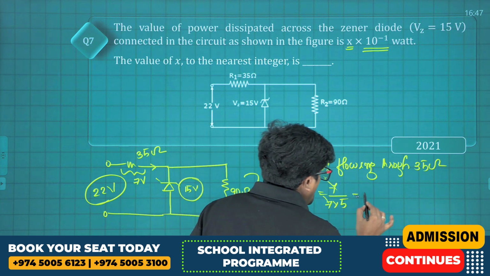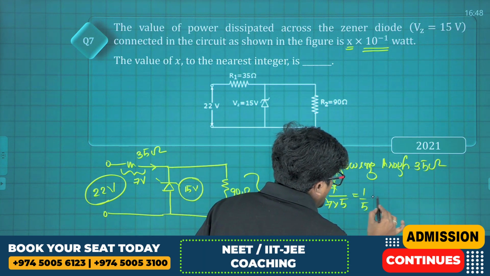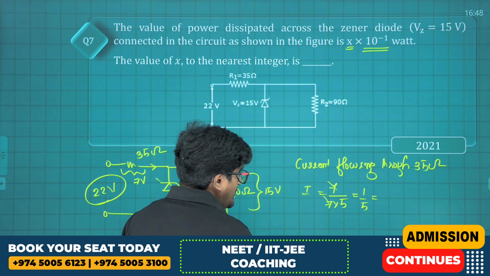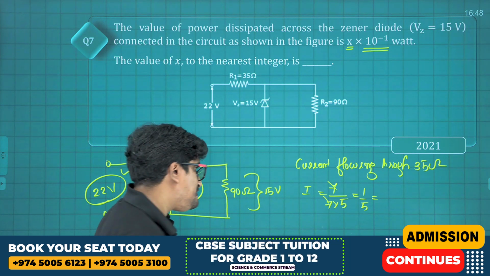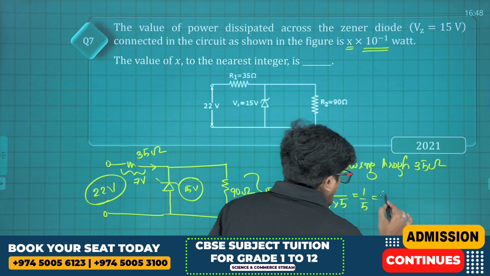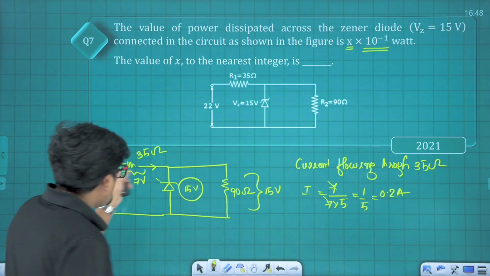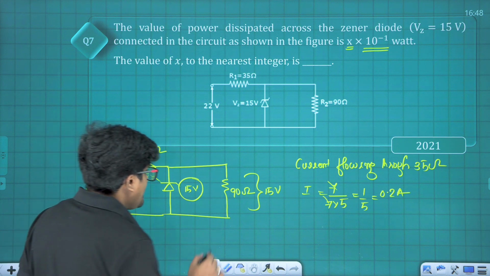Here this is supposed to be 1 upon 5, isn't it? 1 upon 5 is the current flowing, or you can mark it as 0.2 ampere. Alright, so 0.2 ampere current is coming over there.